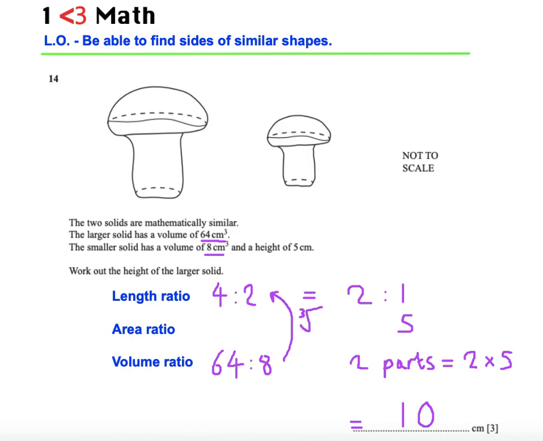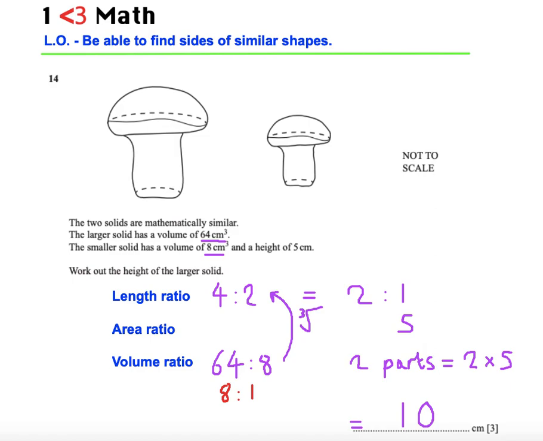Now, just to note at this point as well, as is always the case in maths, you may be able to find some other ways of doing it, and indeed you could have simplified the volume ratio first. So that volume ratio, if we divided by 8, we would have had 8 to 1, and if we'd cube rooted that, we would have got 2 to 1, because the cube root of 8 is 2, and the cube root of 1 is still 1.